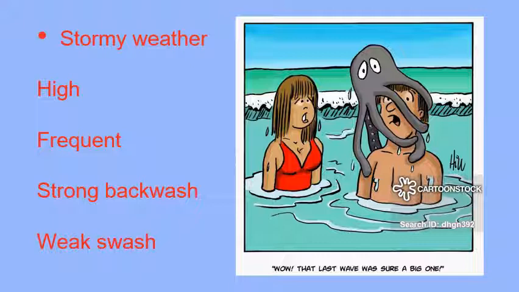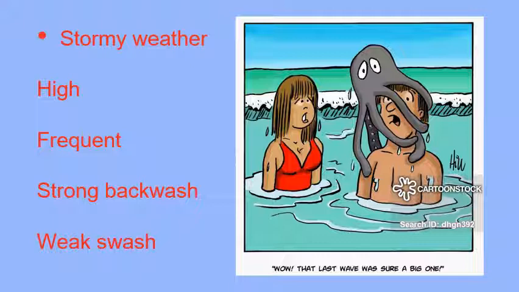Destructive waves occur frequently. In other words, they occur often. As one wave forms and breaks, the next one comes in closely after. An important concept about destructive waves is the fact that they have a strong backwash, but a weak swash.